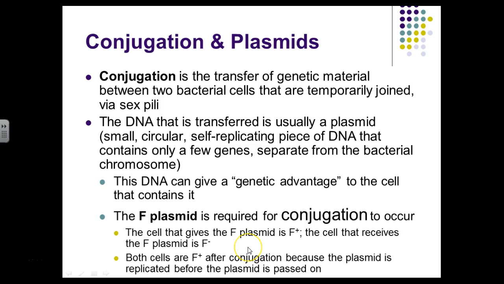And the cell that is receiving the plasmid is the F- cell, and therefore that incoming plasmid is the F- plasmid. So that's just the way we denote it. So plus is being donated, minus is being received. But when the cell then divides by binary fission, it's going to actually copy those same plasmids and pass them on to the future offspring.